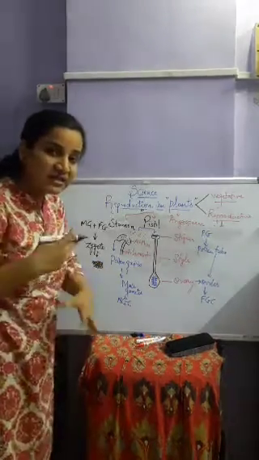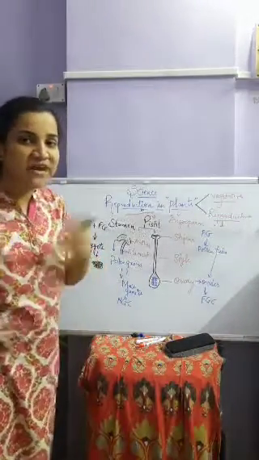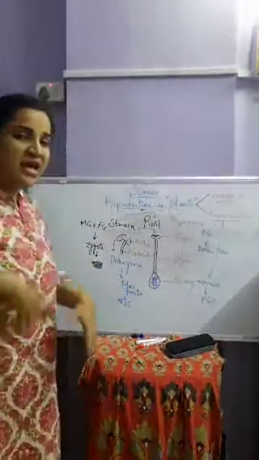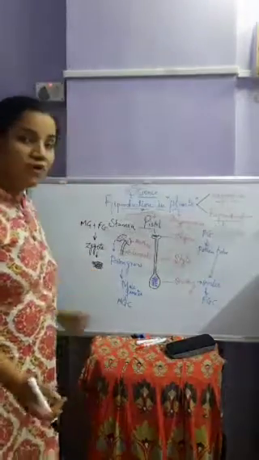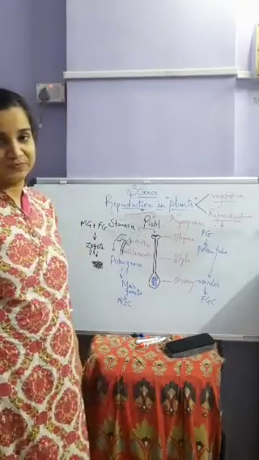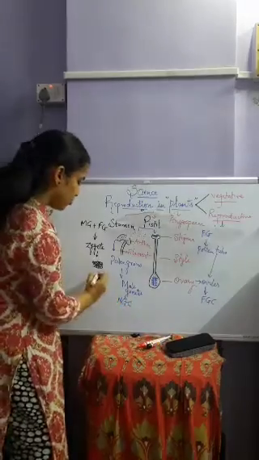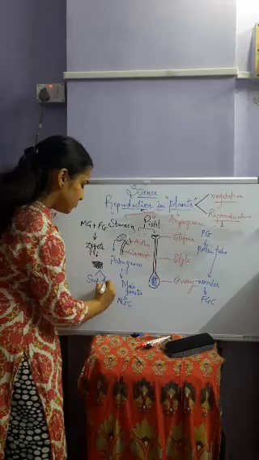This is the development of the embryo. Cell has the capacity to divide. So the zygote will divide, and it will lead to the formation of two things: one is seed and one is fruit.